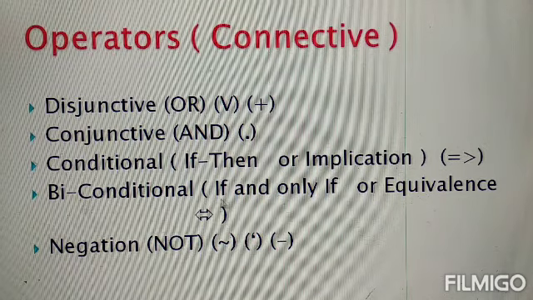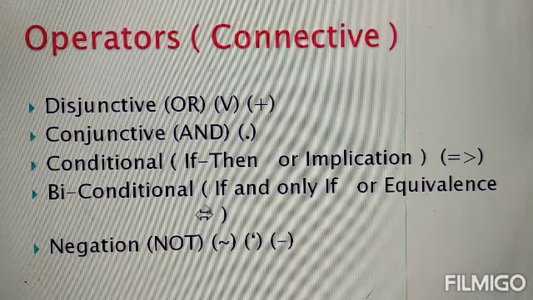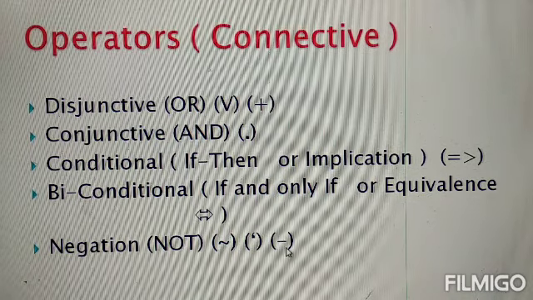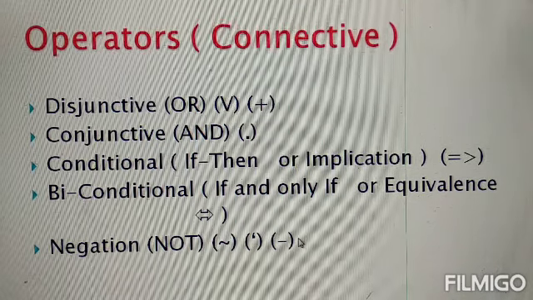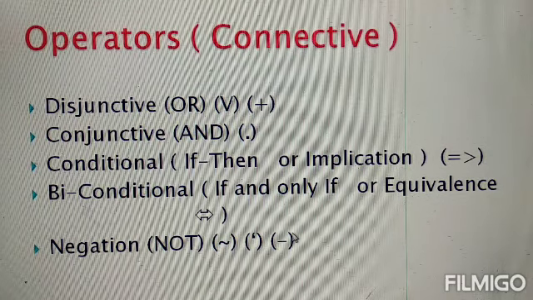Biconditional is the next operator. It's also called equivalence and it's represented in the form of if and only if. Its symbol is this. Negation, which is NOT, and we use these symbols for not. So using these connectives, we can join two propositions.